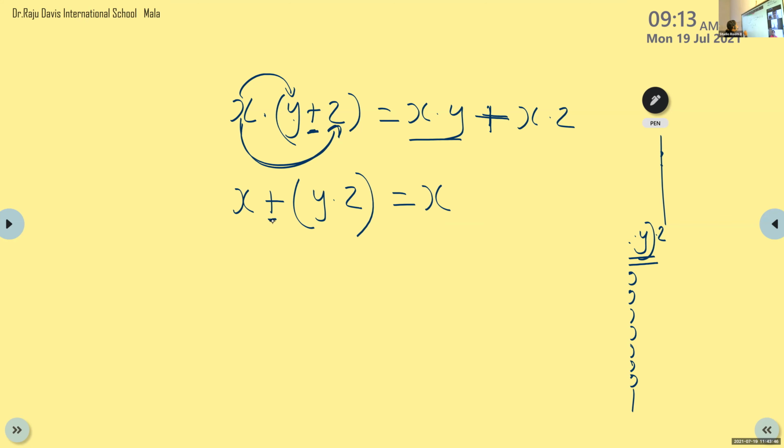So x plus y, that is the first term, into x plus z. So x plus y into x plus z. That is the second distributive law.